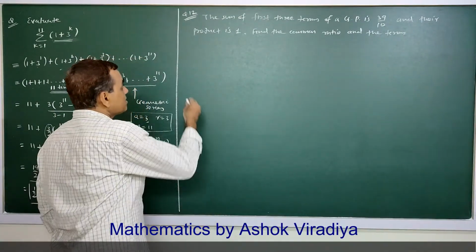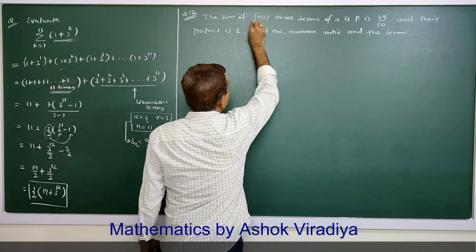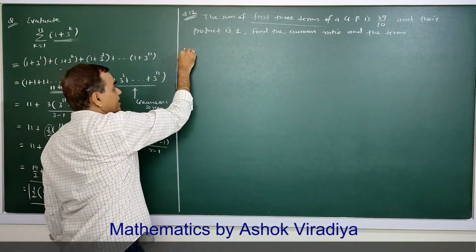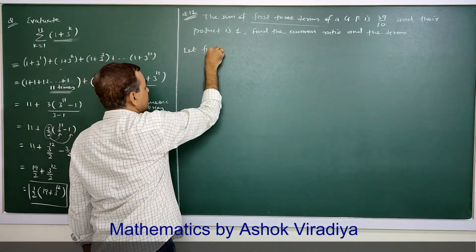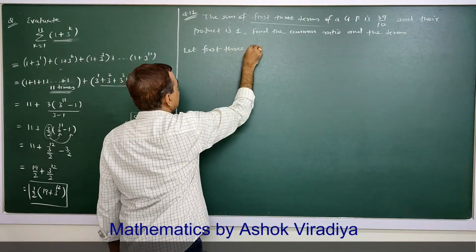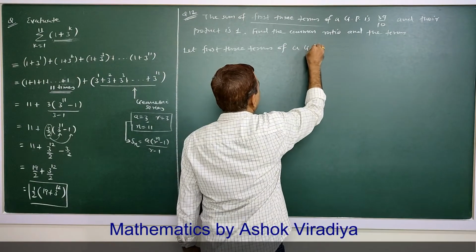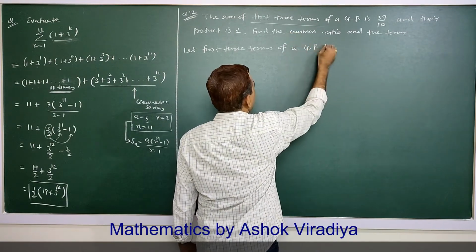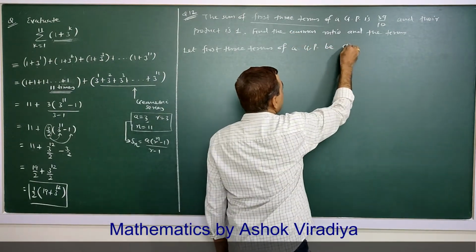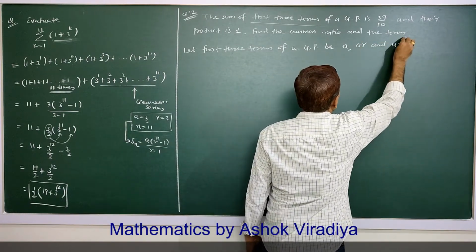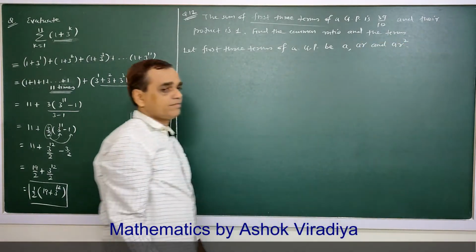Here, the first 3 terms of a GP. Let the first 3 terms of the GP be A, AR and AR square.